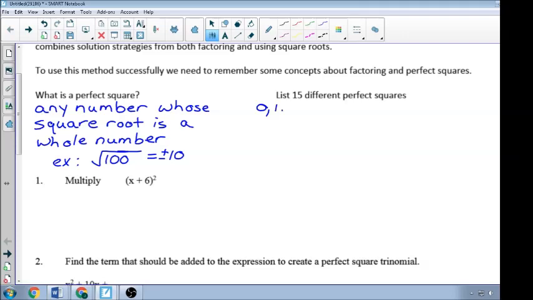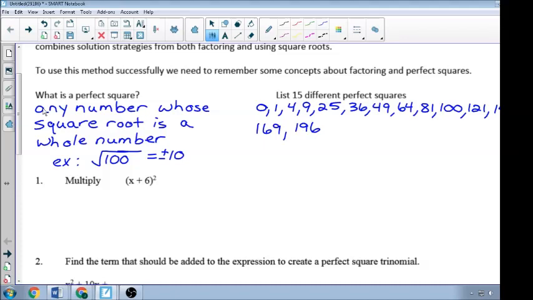So it'd be 0, 1, 4, 9, 25, 36, 49, 64, 81, 100, 121, 144, 169, 196, and just because I like the 15 squared, it's 225. Okay? So those are all of your perfect squares from 0 squared all the way up to 15 squared.